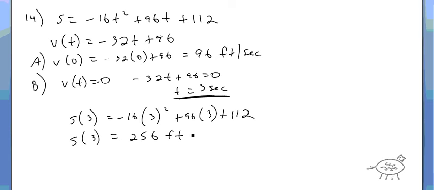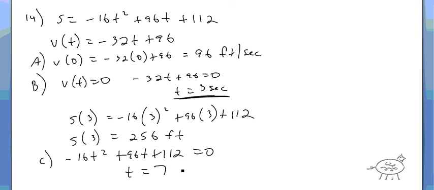All right. And last one is C, which is find its velocity when s is equal to 0. Okay, so what we need to do is set the position equation equal to 0. So negative 16t squared plus 96t plus 112 equals 0. All right, and again, it's factoring, and after you factor, you get t is equal to negative 1 and 7 seconds.